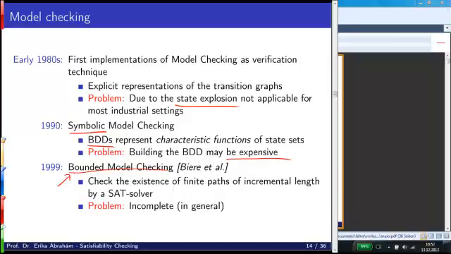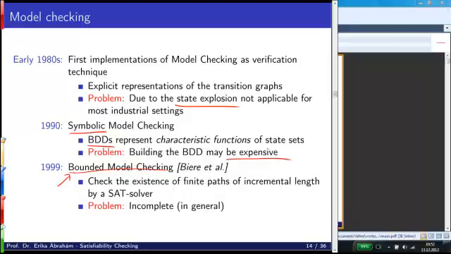And the earlier stage you search, if you find a bug, the cheaper it is to remove the bug. So bounded model checking means that we encode finite paths of a system in a certain formula in a logic, in our case propositional logic, and this formula will encode that there exists a bad path which does not satisfy our specification. So we encode the existence of a counterexample of a certain length.